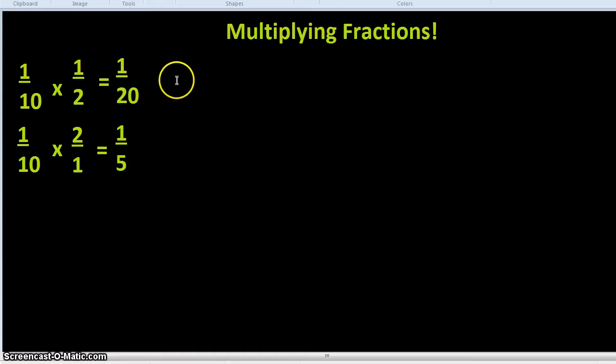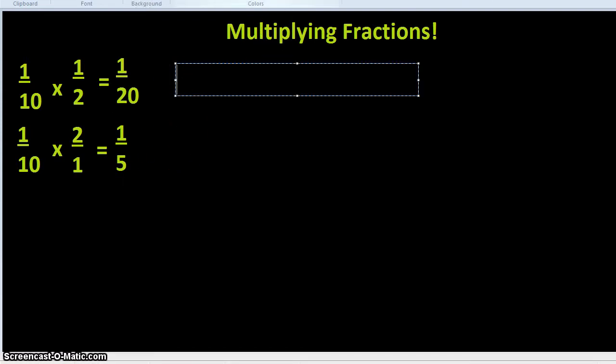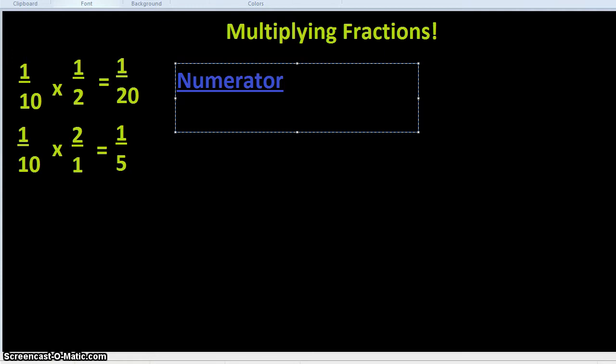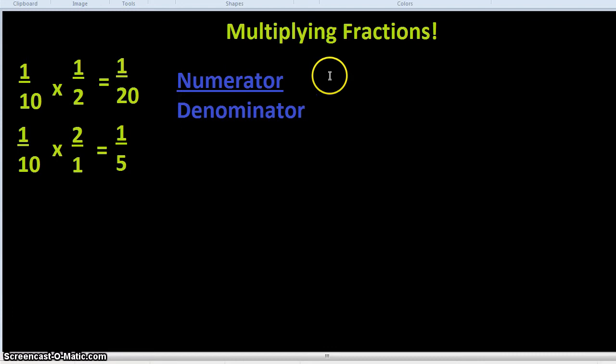Now, you may already have noticed the pattern. On the top row, in blue, we have the numerator, and on the bottom row we have the denominator. Now in both of these cases, if we actually multiply the numerators, I'm going to write that down.